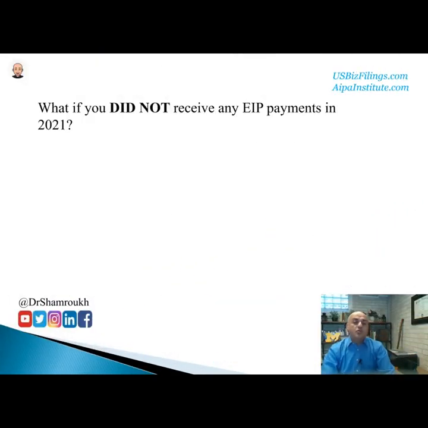Let me conclude with one final thought about this. Taxpayers might have changes in their dependents who are qualified to receive this economic impact payment in 2021, but they did not receive it.